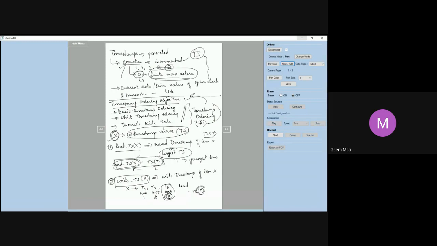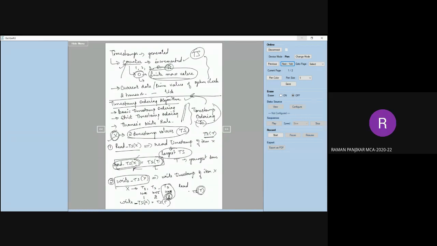Write timestamp of item X is again the largest of all the timestamps of transactions that have successfully written the item X. So here also we can say write TS of X is equal to TS of T, where T is the youngest transaction which has written X successfully. Same concept. Are you clear?